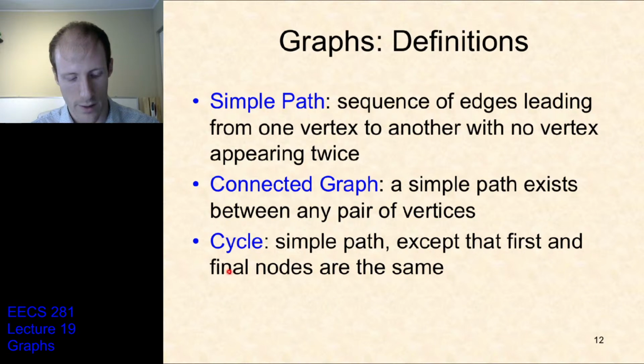And a cycle, we've already mentioned this when we talked about trees, but we'll define it here in slightly more formal terms. A cycle is a simple path where the first and final nodes are the same. So it's just one big loop. If you can find some loop in your graph, you've got a cycle.